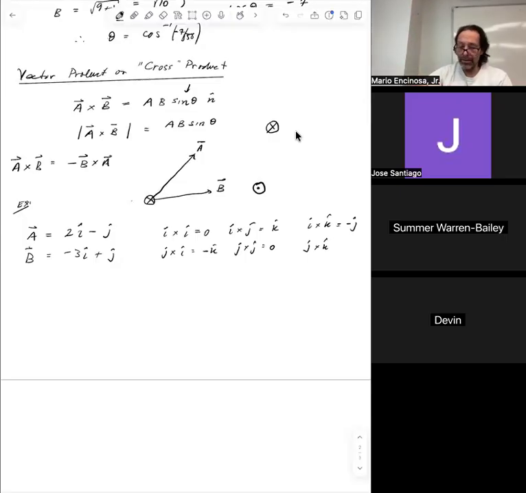That's I hat. And these are all done already. Because K hat cross I hat is minus of that, which is J hat. K hat cross J hat is minus I hat. And K hat cross K hat is 0.